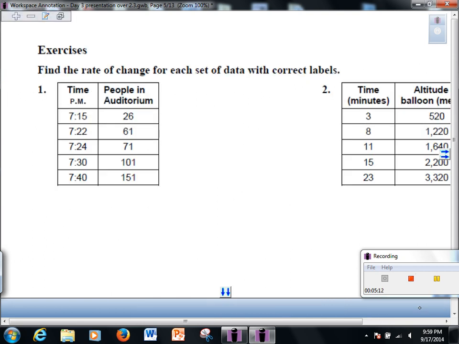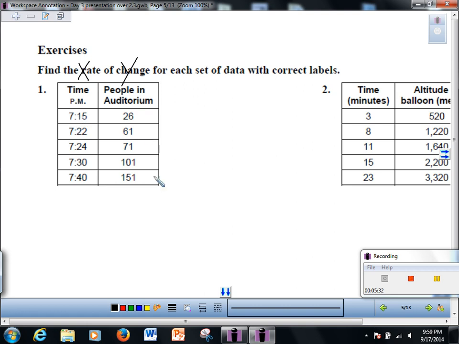So here goes your number 1. If you would, put an X above that column and a Y above that column. And if you think about your units, I want to talk about people per minute, because it looks like these are growing by minutes. The auditorium filled up by so many people per minute.